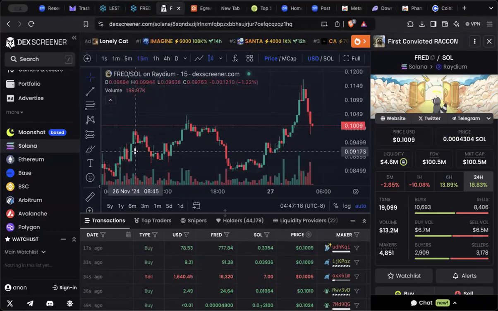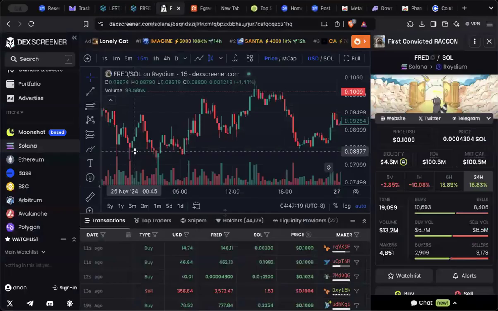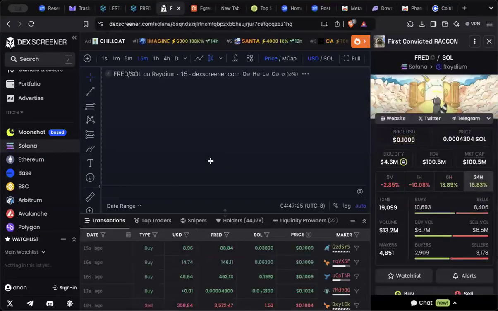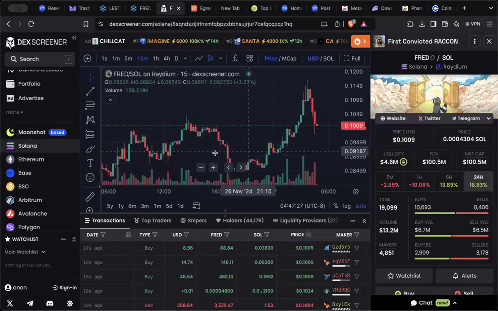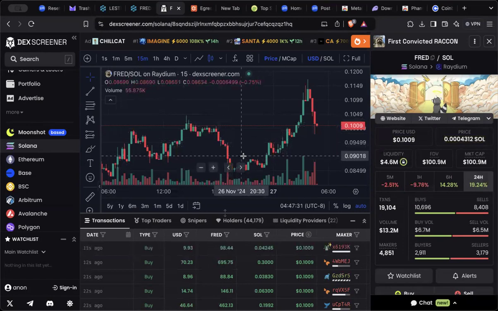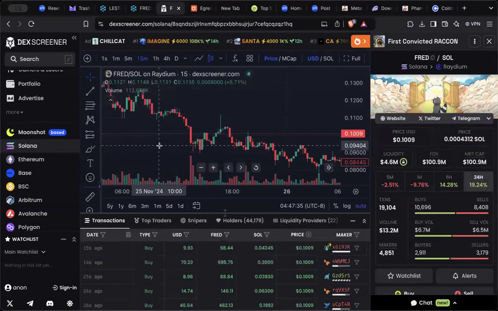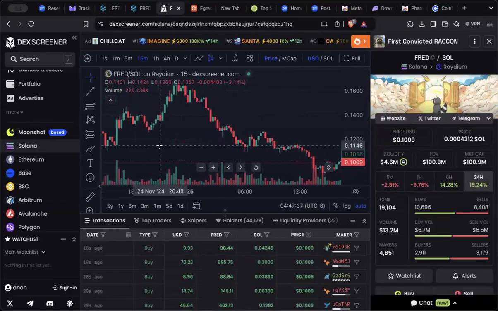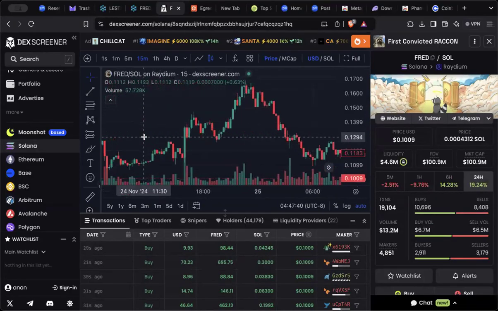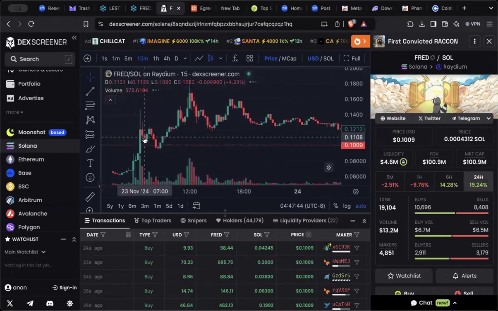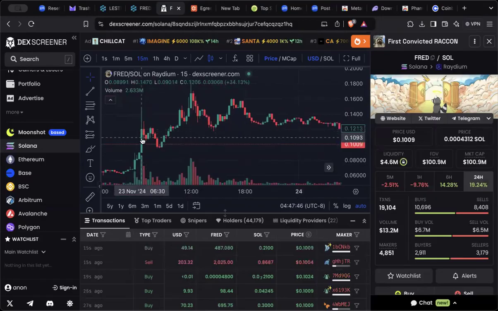Now, on here, you can see the chart. Now, the chart is being consistent. So if I scroll across, over the last 26 days, it's been very, very healthy, higher high, higher low.